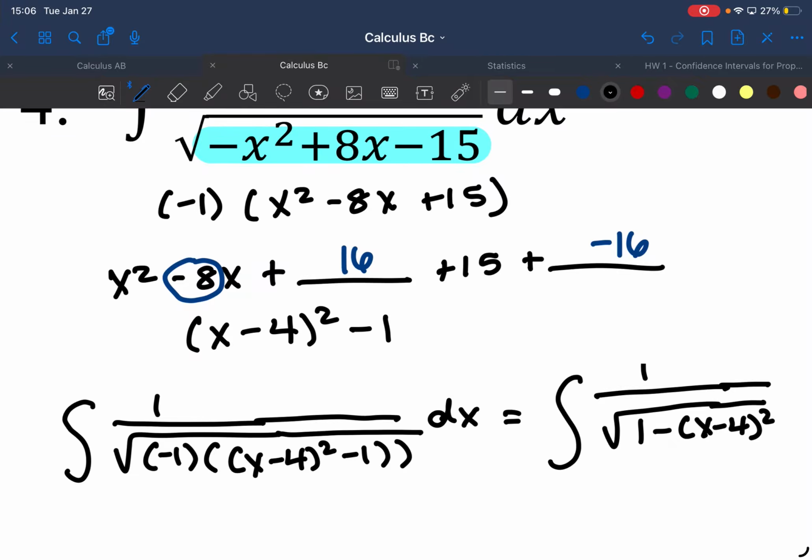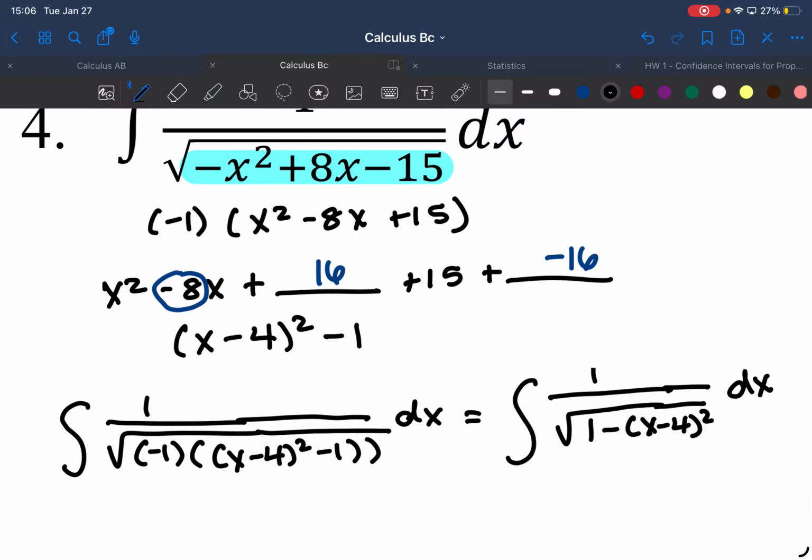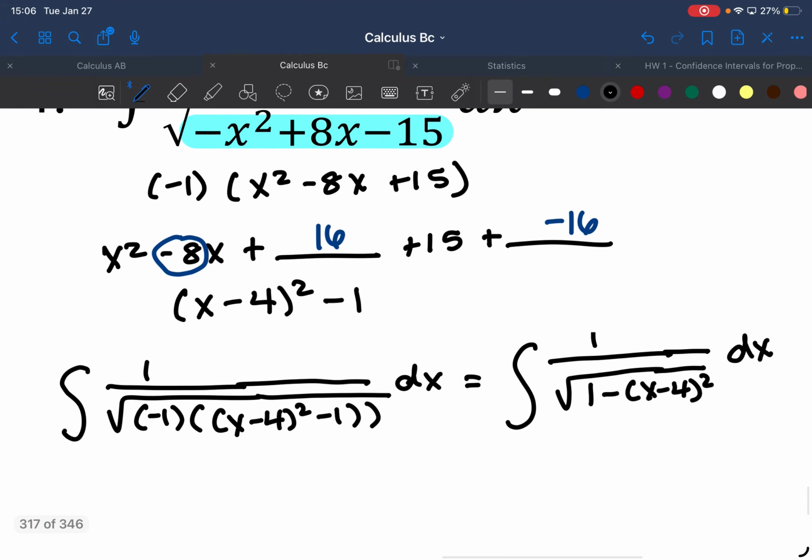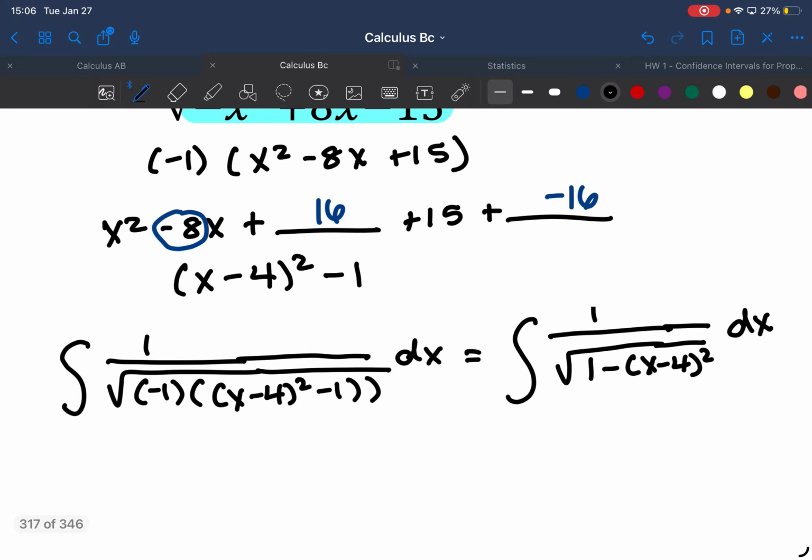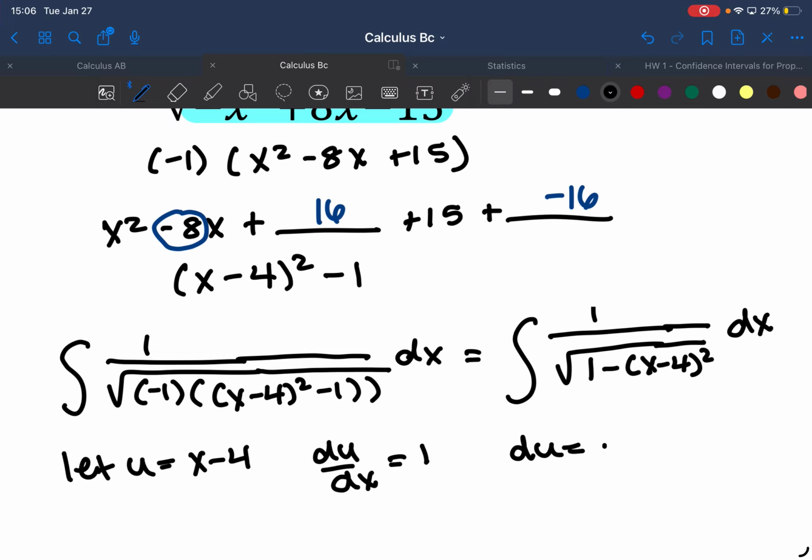Okay, now if you didn't see it before, do you see how this looks like arc sine? The only thing left that we have to do is use what? Use substitution. And we're going to let u equal x minus 4. So du/dx is equal to 1, so du is equal to dx.